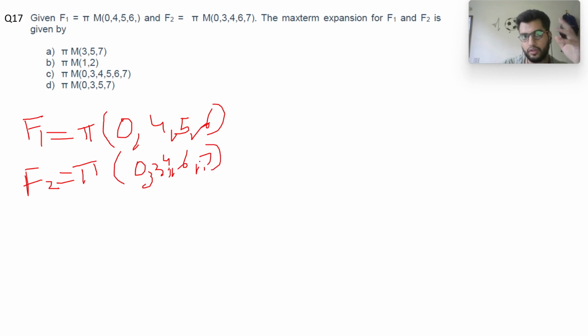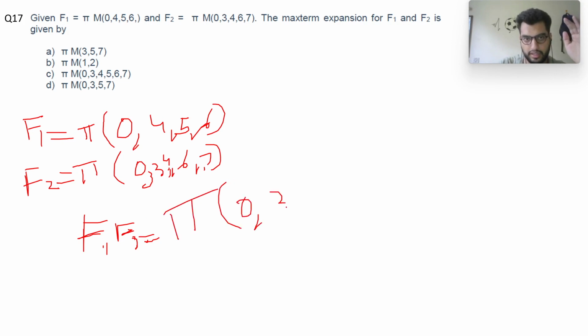So when we take the product of f1 and f2, the max terms that will come in that product are those max terms that are either present in f1 or present in f2. So it will have 0, then 3, then 4, then 5, then 6, then 7. So 0, 3, 4, 5, 6, 7 is the representation, that is option C.